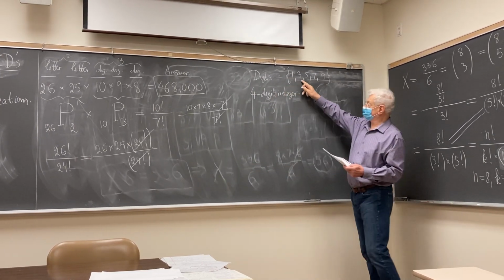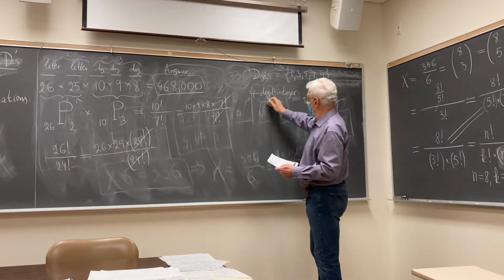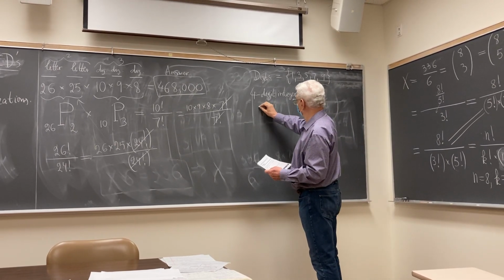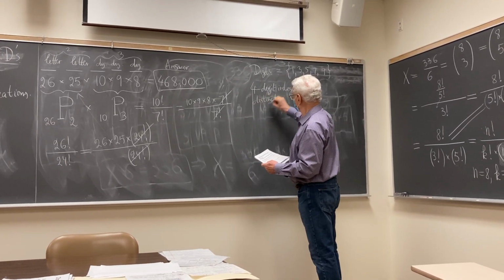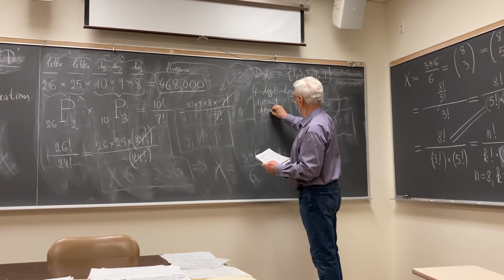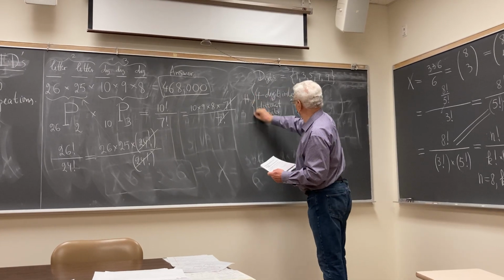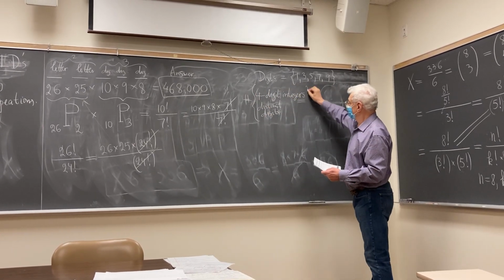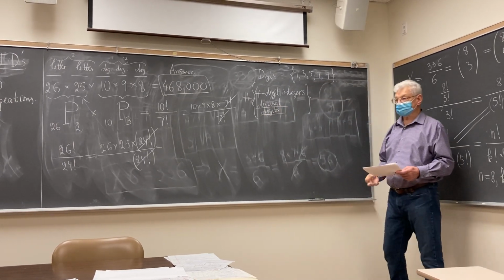Okay, repetitions are not allowed, so let me just write distinct digits. Okay, so what is the number of 4-digit integers with distinct digits?